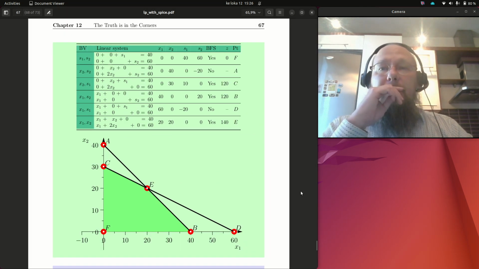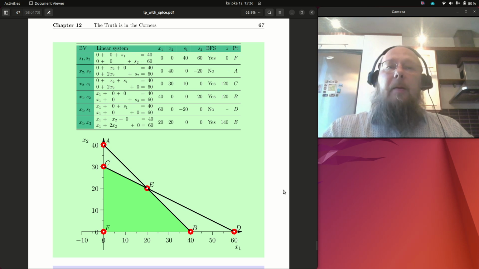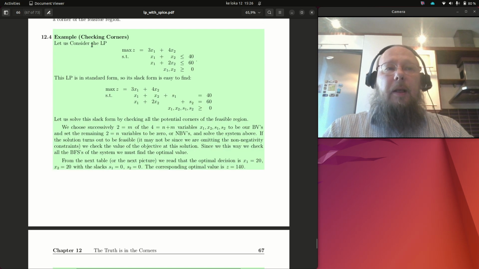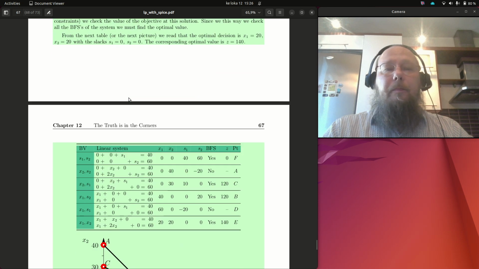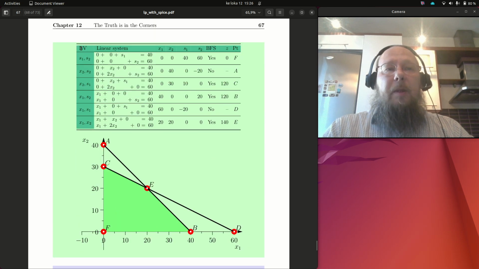Well, you use the slack form and then look at example 12.4, where we set some of the variables, the basic variables, set the rest to zeros, solve for the basic variables and check the value in the corner. So this is the two decision variables. We can draw a picture. So this is the picture that shows you how the basic variables and the corners here are related.